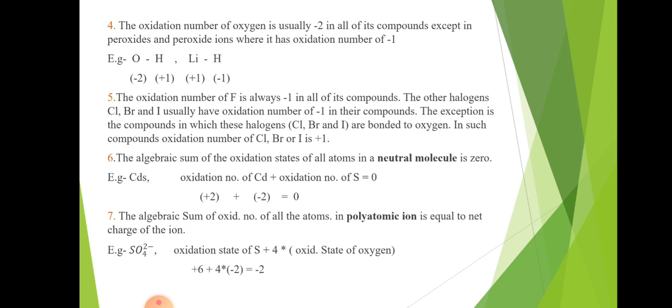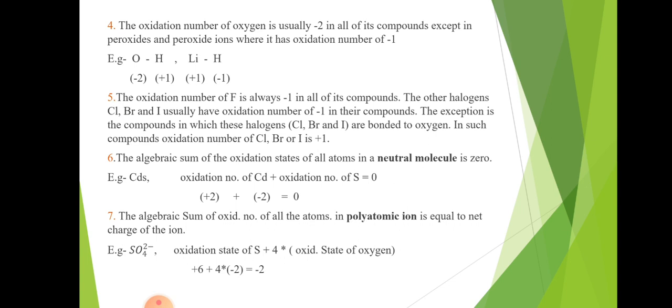The seventh rule is also important: the algebraic sum of the oxidation numbers of all the atoms in a polyatomic ion is equal to the net charge of the ion, whether negative or positive.